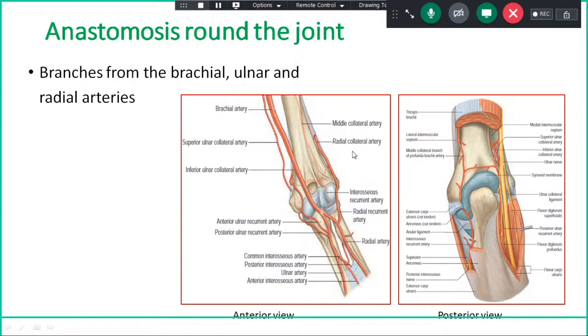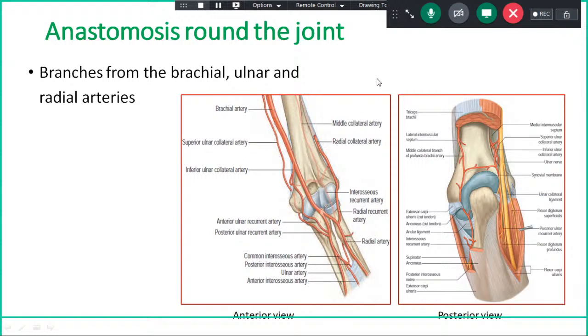What does collateral mean? Collateral is normally the term used to indicate something which runs parallel along the lateral aspect, in the same direction as a particular blood vessel or nerve, whereas a recurrent one goes in the opposite direction. That is the difference. Okay, ma'am, thank you.